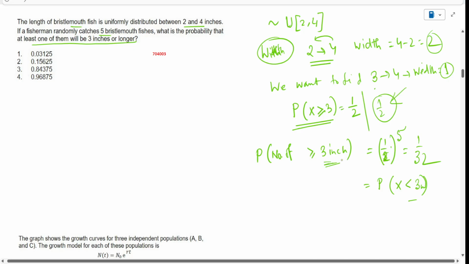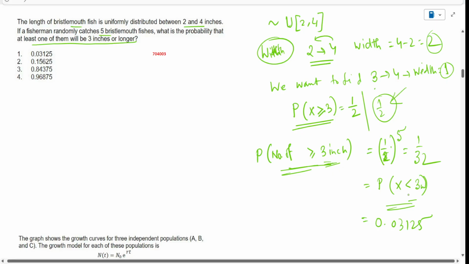For each fish, the length is in between these two, less than 3 inches or greater or equal to 3 inches, with probability 1 upon 2. Therefore this is 1 upon 2 to the power 5, and this gives us 0.03125.